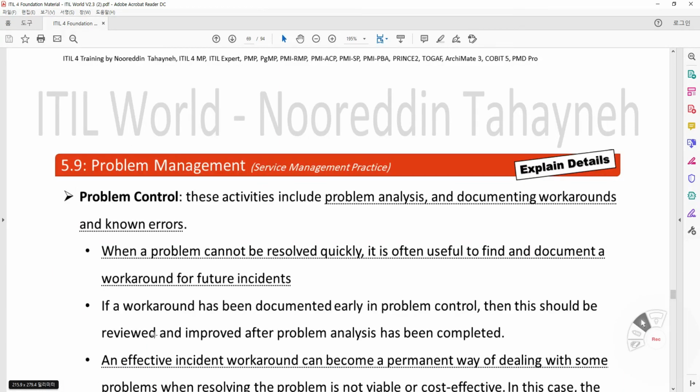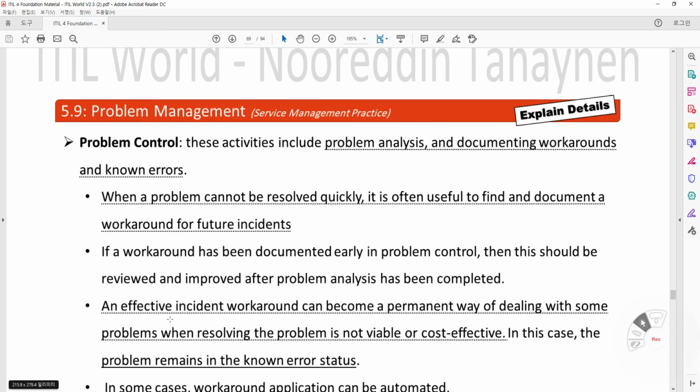Problem control. These activities include problem analysis and documenting workarounds and known errors. When a problem cannot be resolved quickly, it is often useful to find and document a workaround for future incidents. If a workaround has been documented early in problem control, then this should be reviewed and improved after problem analysis has been completed.